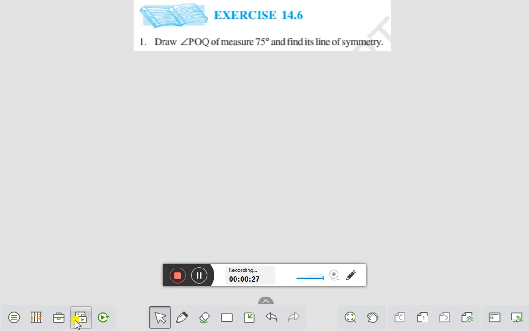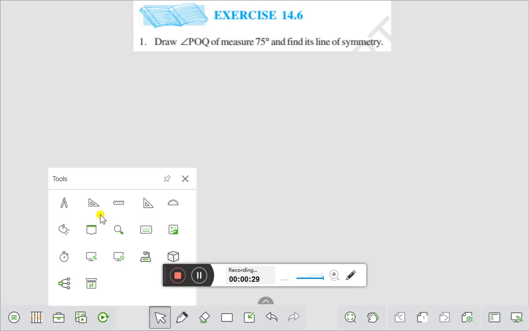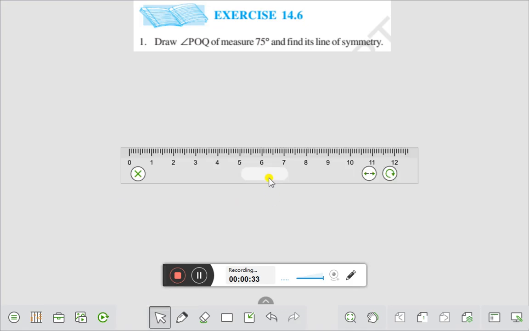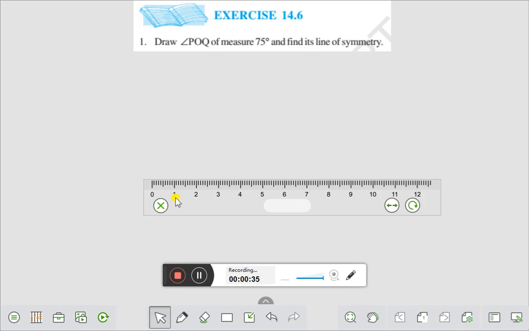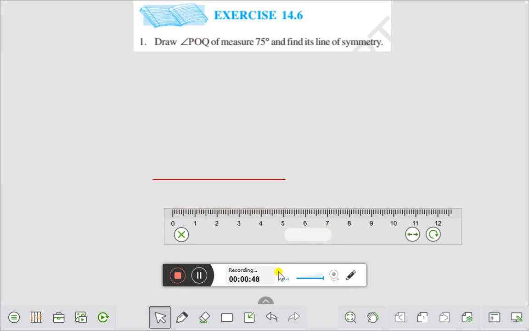Let us take a ruler, right? Now we have taken one side. We take the 6 centimeter line and give an arrow here.